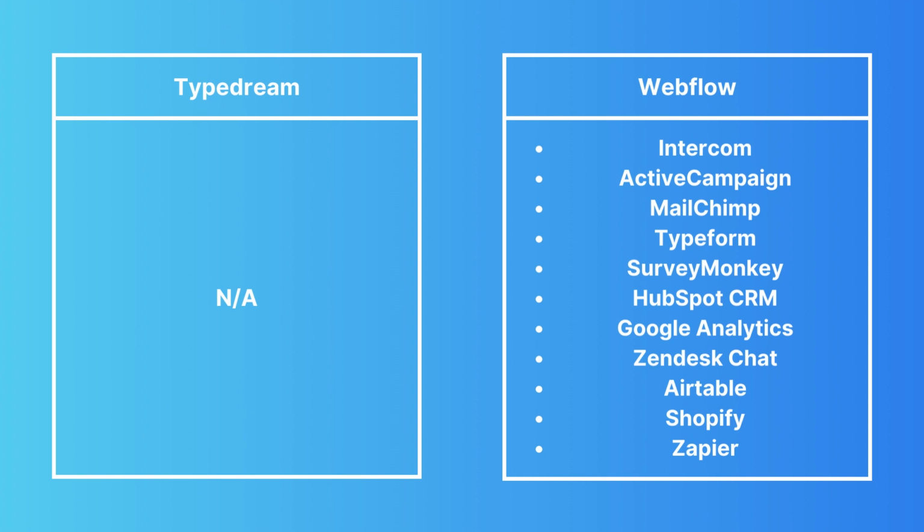I personally love Google Analytics, and I think it's a must if you want to scale your business, because you really need to look into the analytics and take strategic steps from there. Also Zendesk chat for support, Airtable, Shopify, and Zapier for automations. So I think it's very annoying that Typedream does not offer integrations at this moment. Maybe in the future, but keep that in mind.